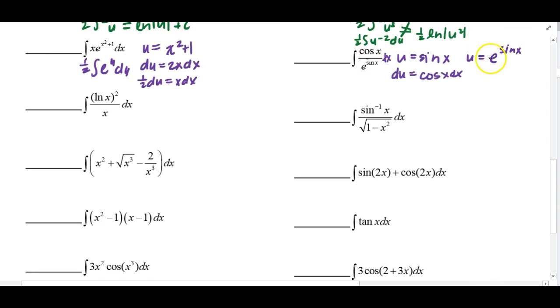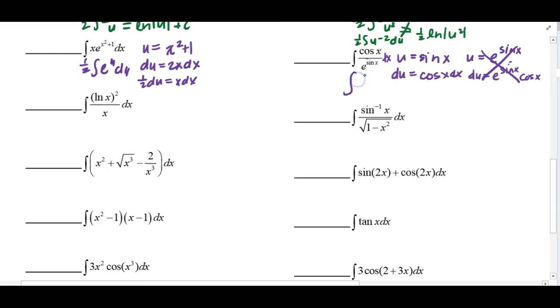If you let u be e to the sine x, the whole bottom, then du is e to the sine x times cosine x. It's the chain rule. It's the original function, e to the f of x times f prime of x. And we don't have an extra e to the sine x. So this is wrong. Don't even write it down. It's totally the wrong thing to do. U is what's on the inside of the exponential function.